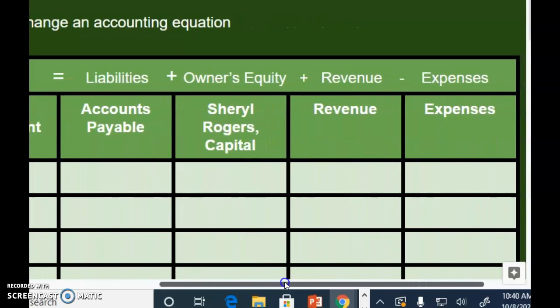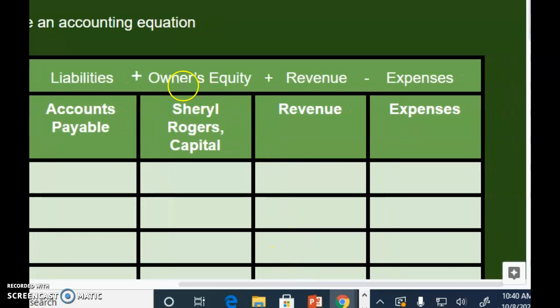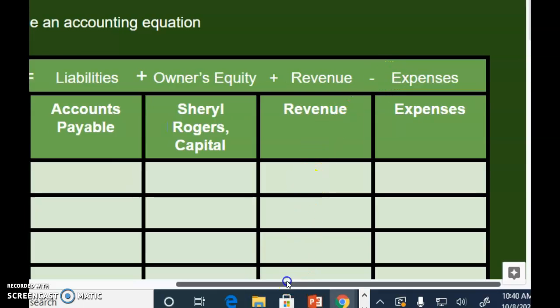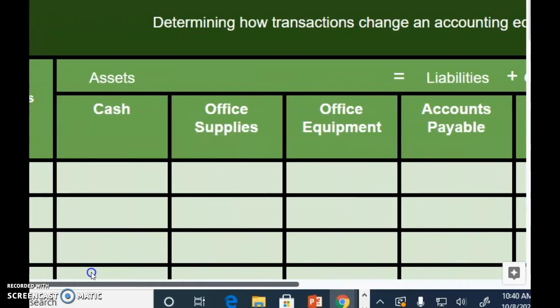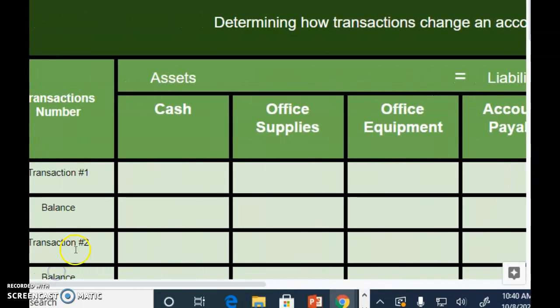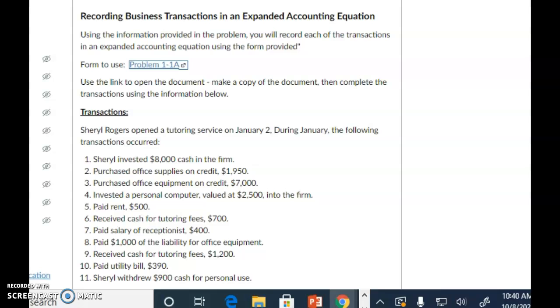And then you have your owner's equity, and this is in expanded form. Remember our last example: we have owner's equity plus revenue minus expenses. Now, one thing different from the example that I showed you, you do not have to identify or describe each transaction. You only have to enter the amount.